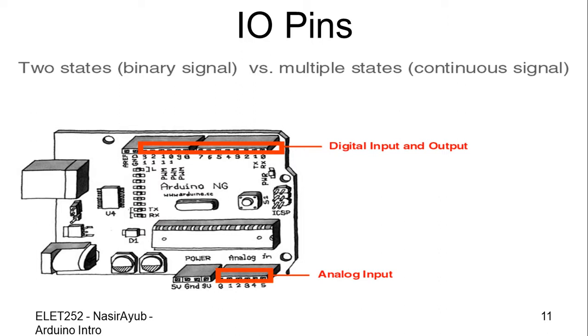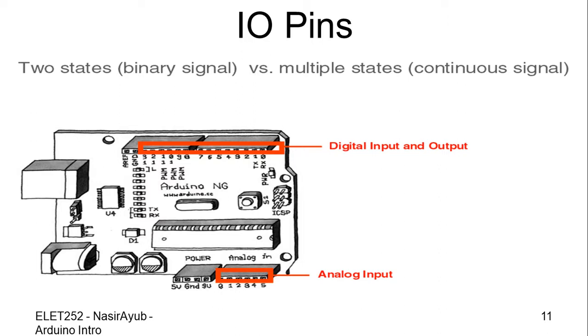Those are the pins which support PWM, or it will be written PWM. So those pins can support PWM outputs. The others do not. The newer versions of Arduino support PWM on all the pins.